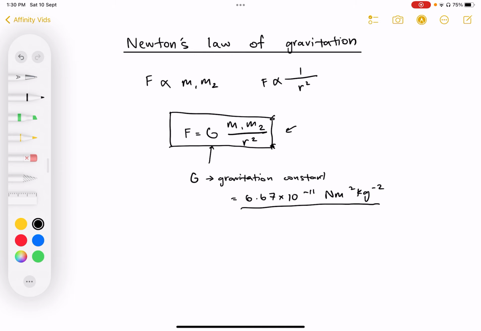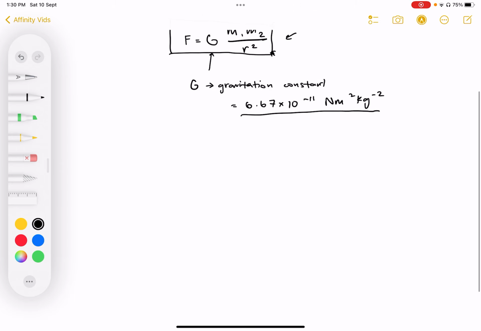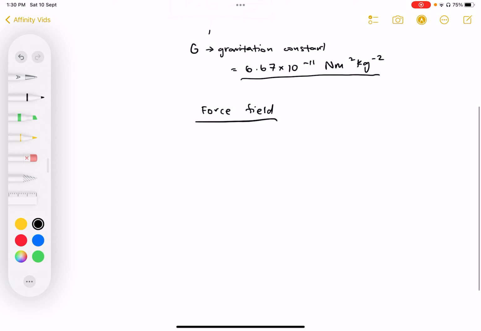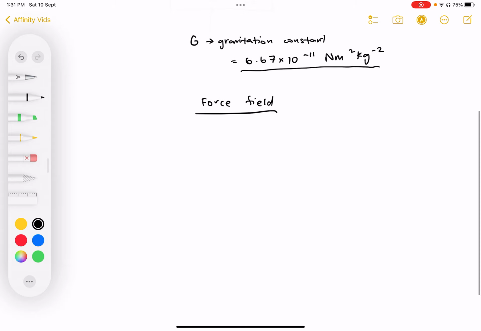So before we move on, let's talk about force fields. And this is going to be very similar to electric and magnetic fields because we like to keep things the same throughout them when we're describing fields, especially because we want to have the same type of rules so we can define them very clearly. So let's say we're on Earth right now.